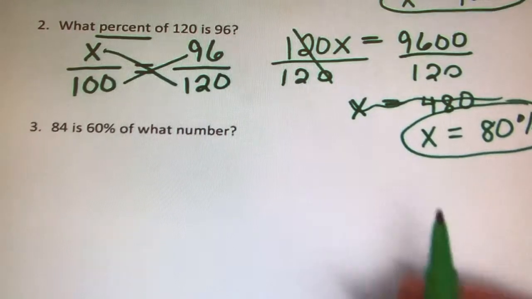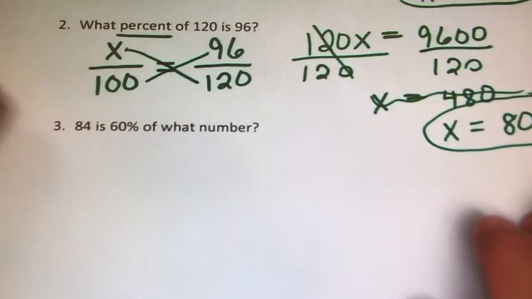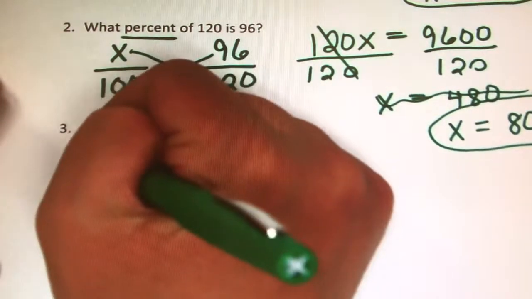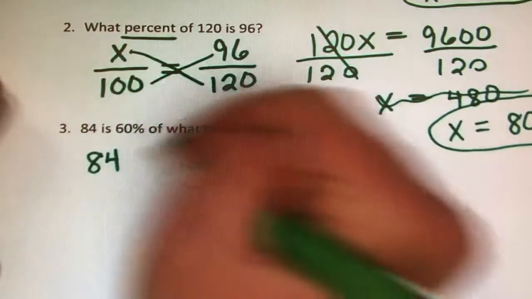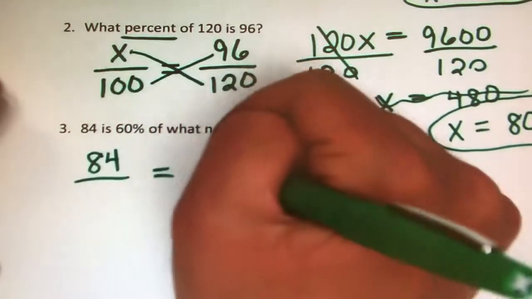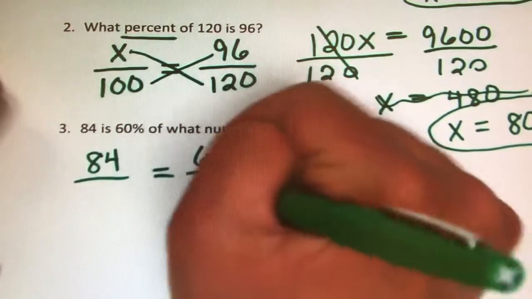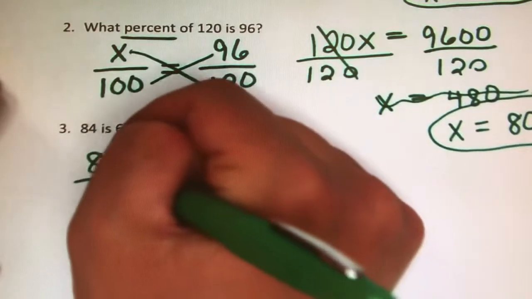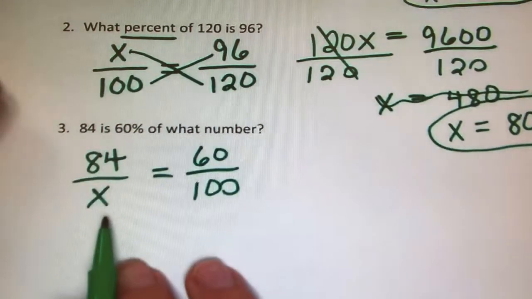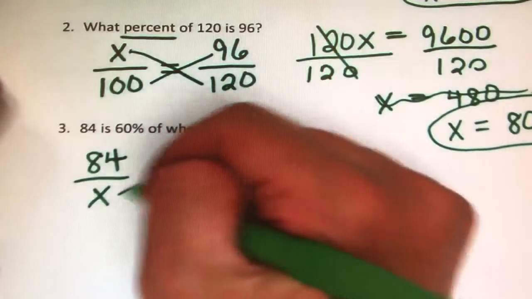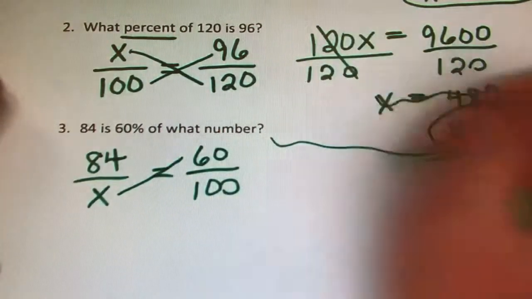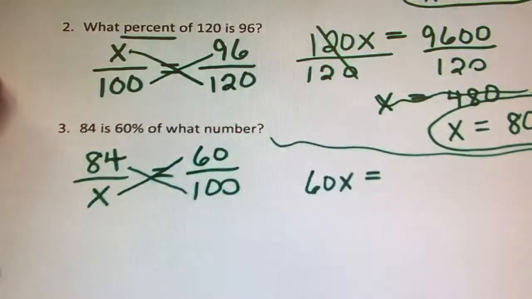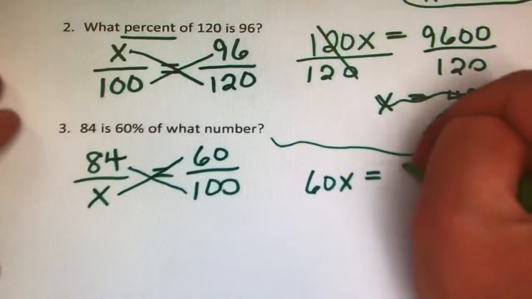All right, last one. 84 is 60% of what number? Okay, 84 is something. I know that 60% has to be 60 over 100 of what number? So I don't know. 84 is something of a number. I don't know what the larger number is. Okay, let's do cross products. 60 times x is 60x. 84 times 100 is 8400.